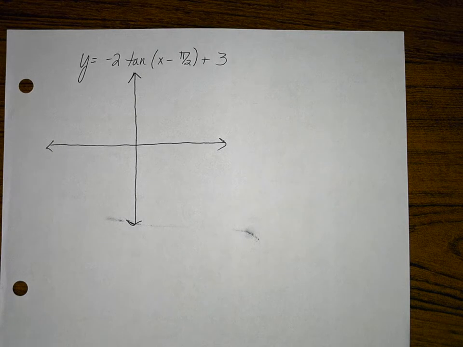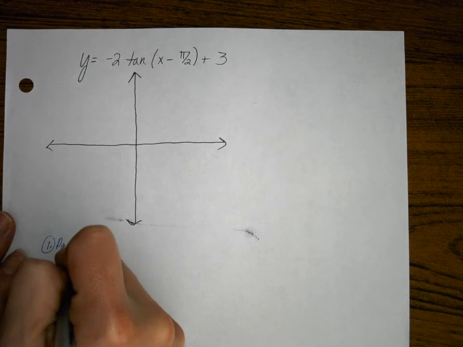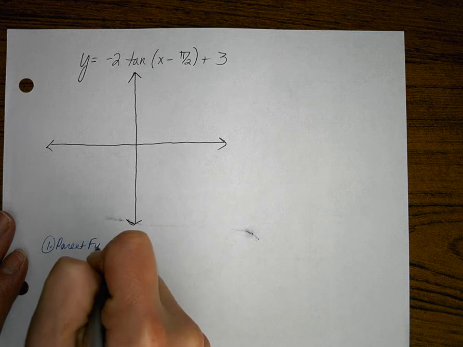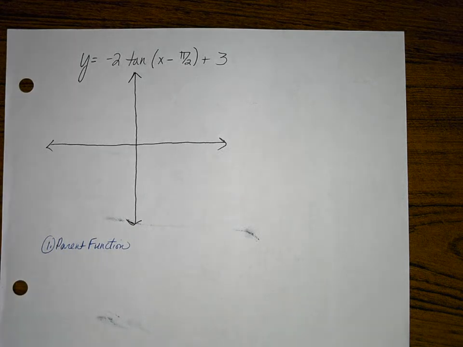So, all right, what is the first thing that I am looking at? Let's take a look at our parent function. What is my parent function going to look like in this one? And you know what? It's everything through the x.